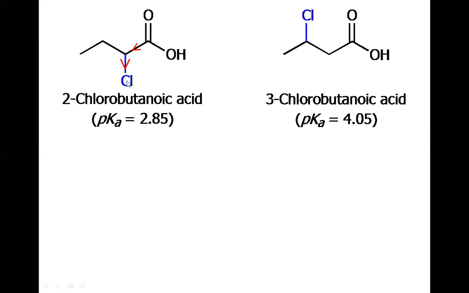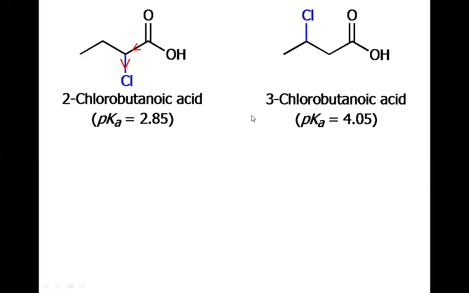The reason is that chloro being electron withdrawing, if it is nearer to this carboxylic group, this compound is more acidic. When this electron withdrawing group goes farther from this carboxylic site, the acidity decreases and the pKa value increases.